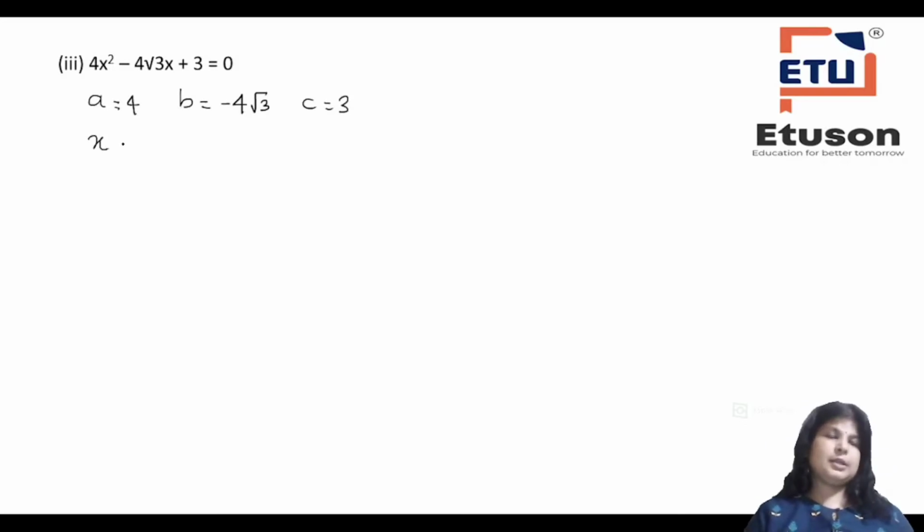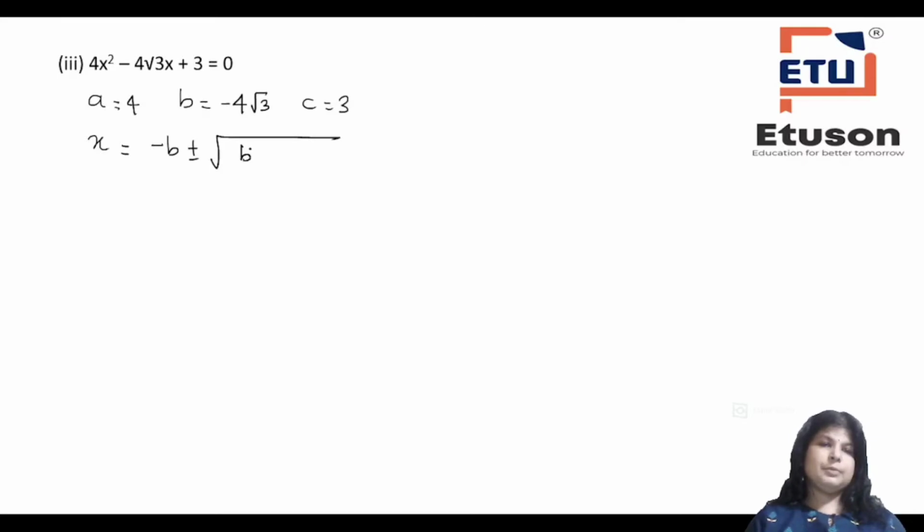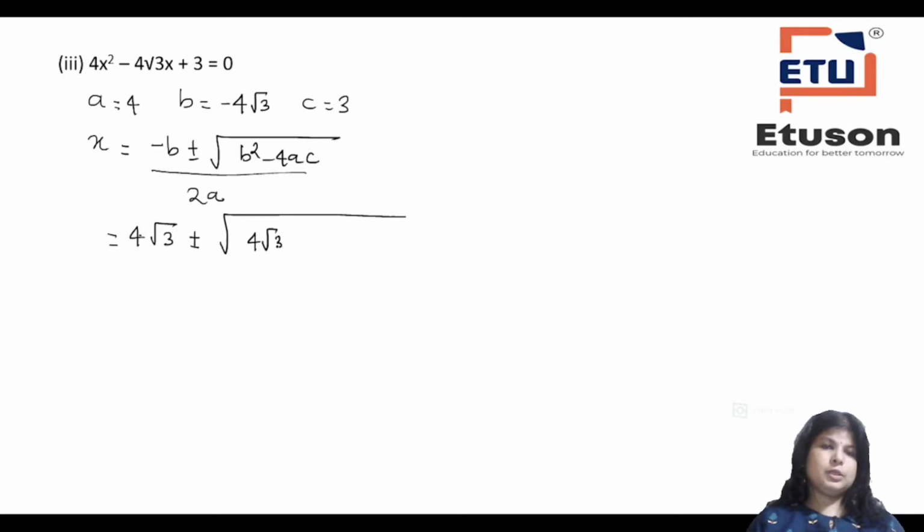So let us write down the formula again. Minus b plus or minus square root of b square minus 4ac, divided by 2a. What is minus b? It is minus of minus 4 root 3, so that becomes 4 root 3 plus or minus square root of 4 root 3 whole square minus 4 into 4 into 3, divided by 2 into 4.